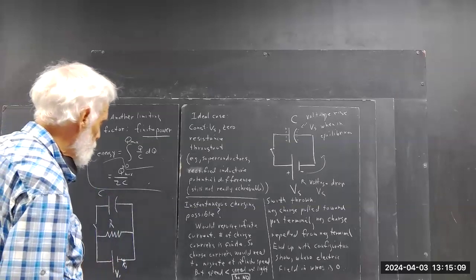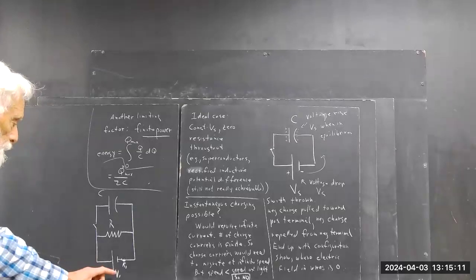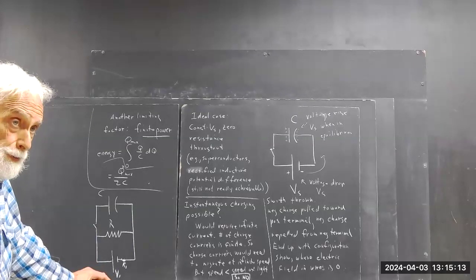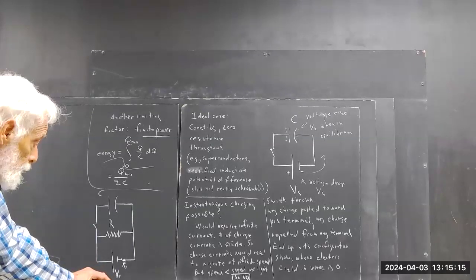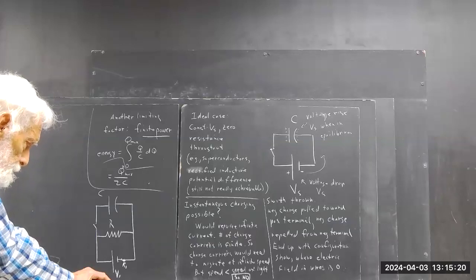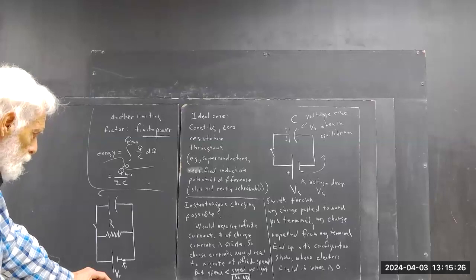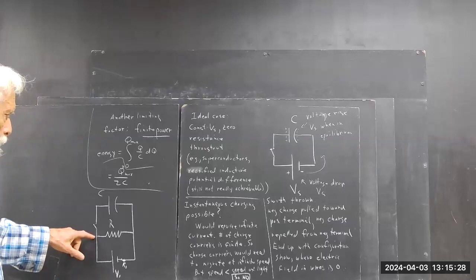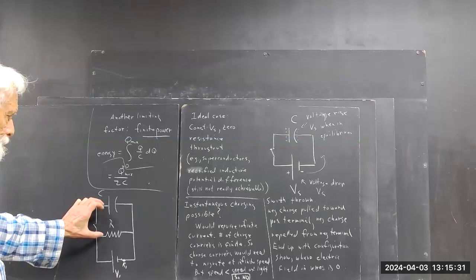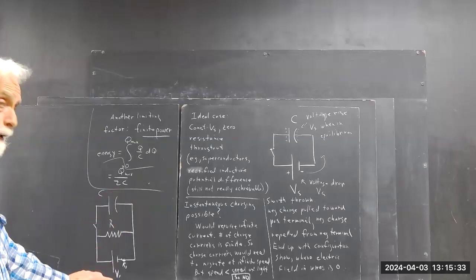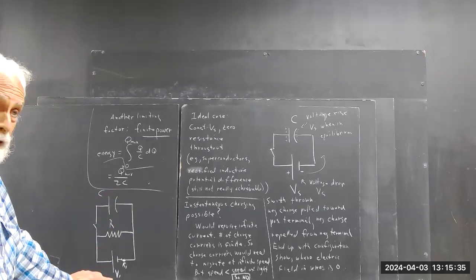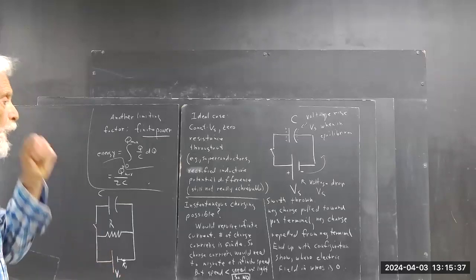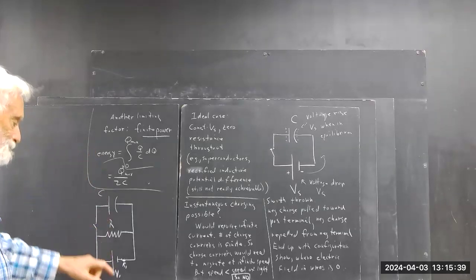Now we've got a source resistance. There it is. Now what's going to happen? Well, first of all, the voltage out here is going to be a little less than the voltage of the source, or the voltage of the cells.